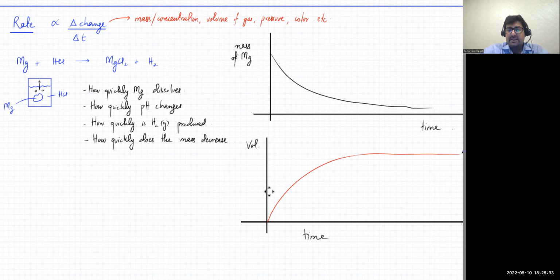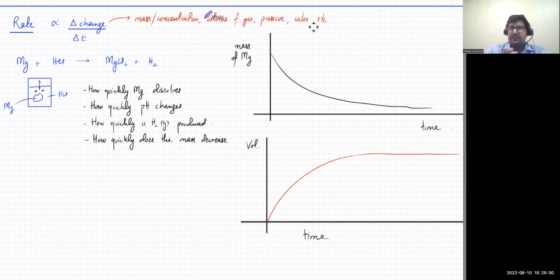But once you plot this graph, which thing in this graph represents the rate of reaction? Like, what is the rate of reaction over here? What is that thing that represents rate of reaction? It's going to be the gradient, yes.